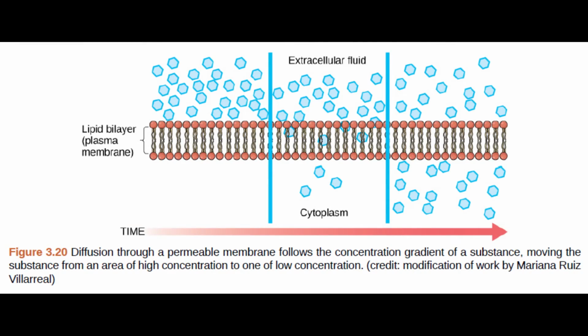Figure 3.20. Diffusion through a permeable membrane follows the concentration gradient of a substance, moving the substance from an area of high concentration to one of low concentration.